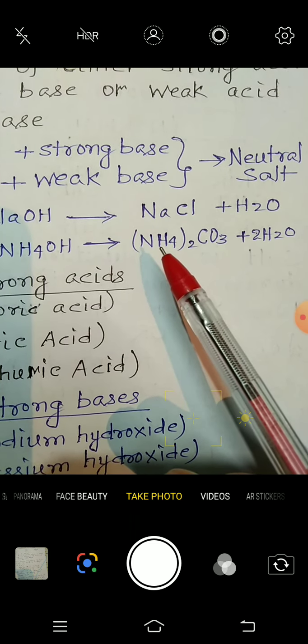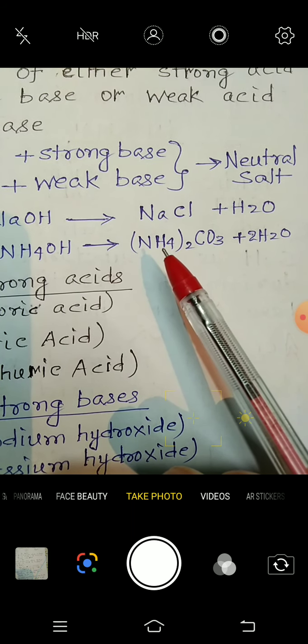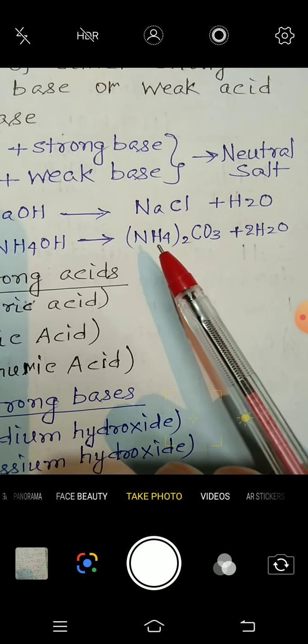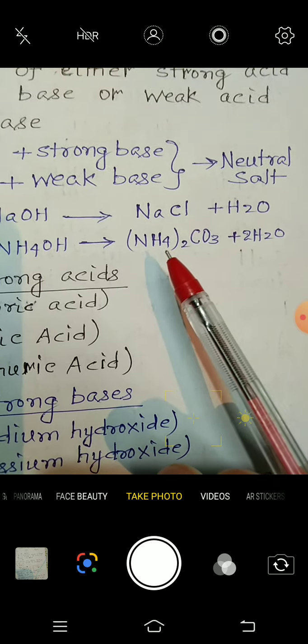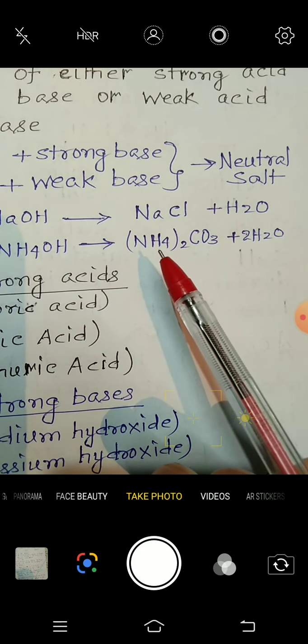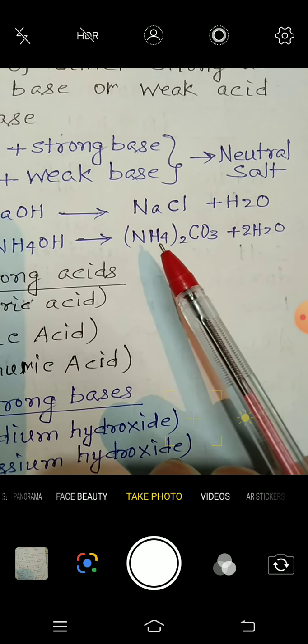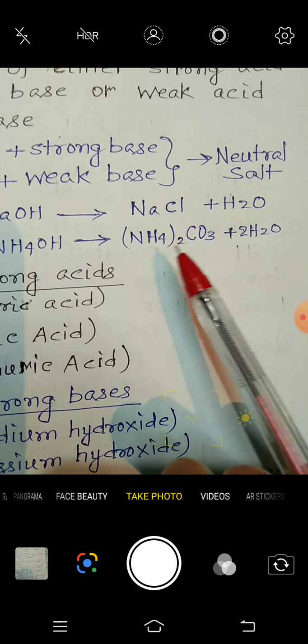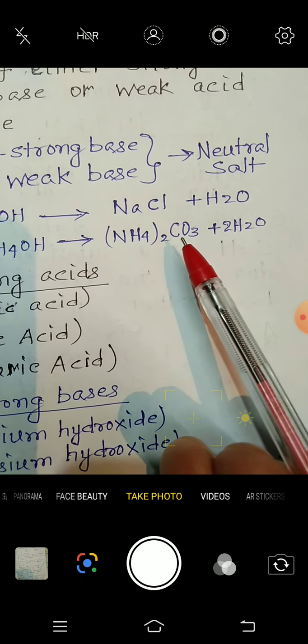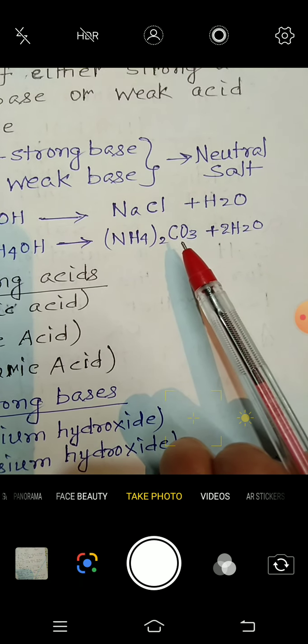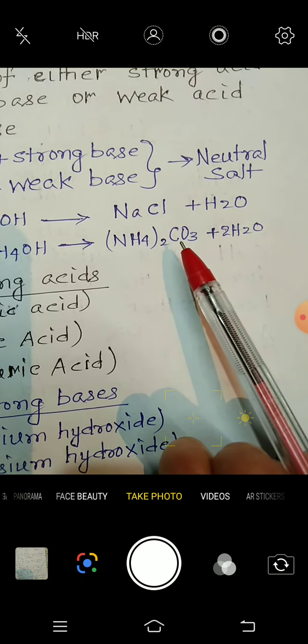And put hydroxide with ammonium. That will be the formula of what? Base. So ammonium hydroxide is a weak base, and carbonic acid is a weak acid.